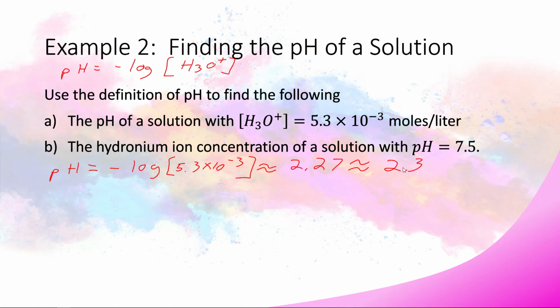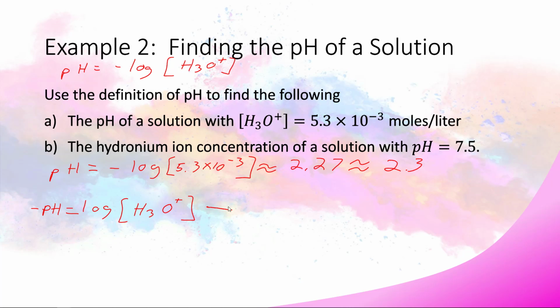Now for the next one, we want to find the hydronium ion concentration when the pH is 7.5. So we know what pH is, we need to figure out what this is. We can do a little manipulation here, and we have that negative pH is equal to the common log of H3O plus.